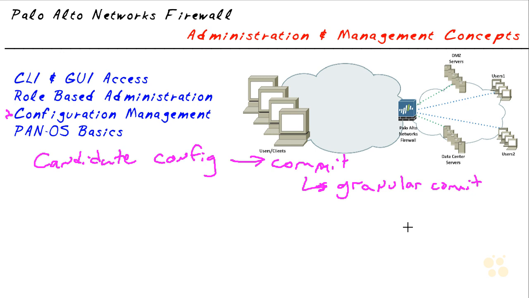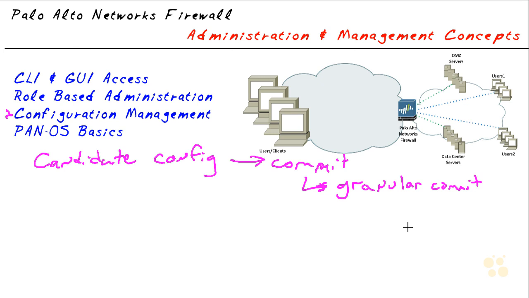This is good if you have a multi-stage deployment, if you've got some really complicated things that you're doing or virtual systems that you're playing with or stuff like that, or if you have multiple administrators going at the same time. Generally not a good idea from a logic point of view, but sometimes we just find ourselves in that situation.